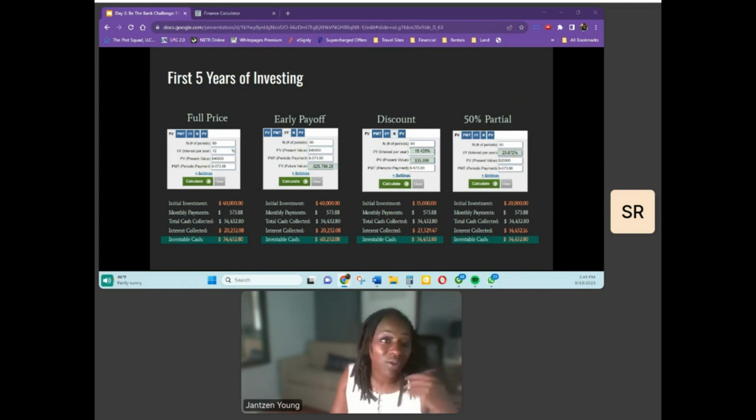You could buy only half of the note and get better returns that way. But you can definitely take a look at all of the different options that are available to you. So now it's not just about I buy notes at face value and help investors invest. Like, no, we can get really creative, build customized solutions for your investors and just watch the money roll in.